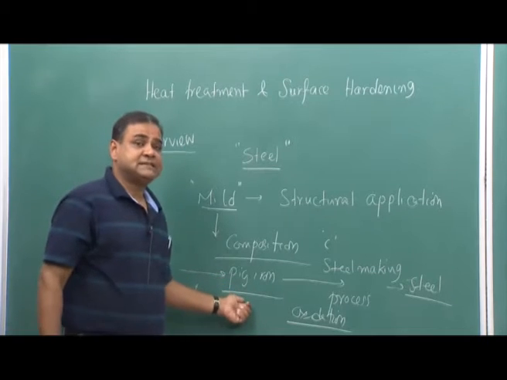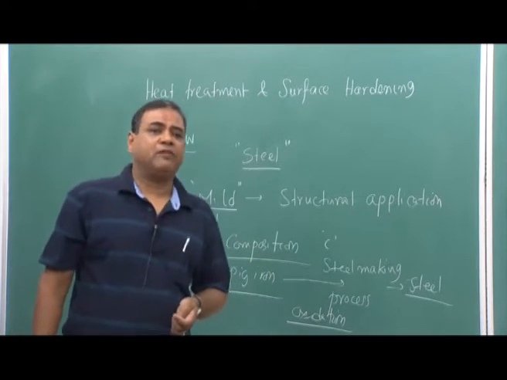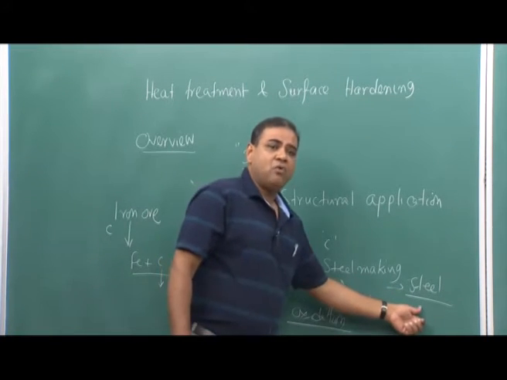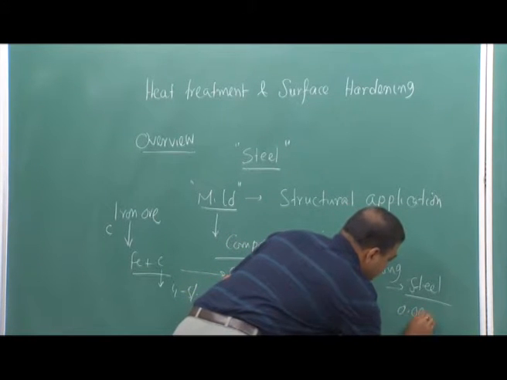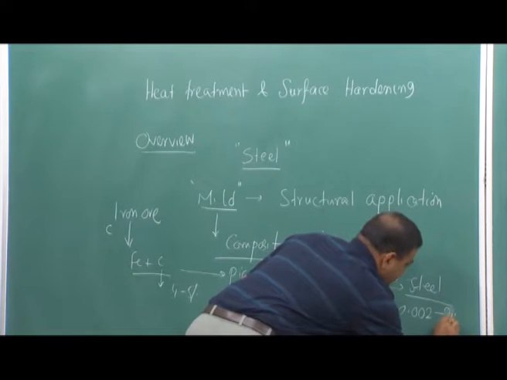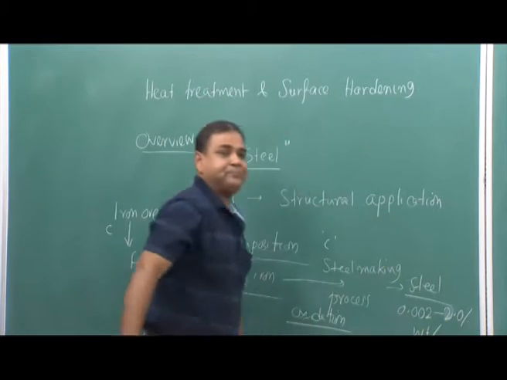And in this process we definitely lose some iron in the form of iron oxide, but finally the left out material is steel, where the carbon varies from 0.0022 to 0.2%, and this is in weight percent.